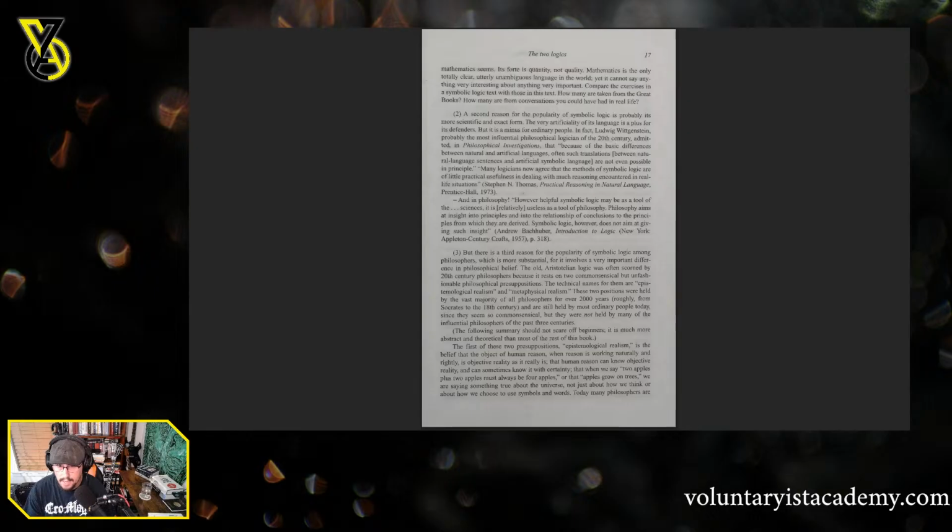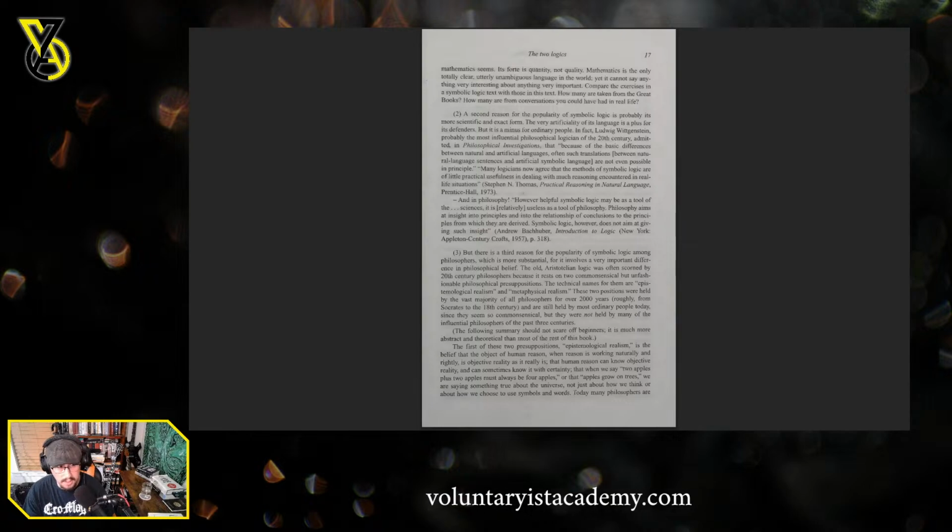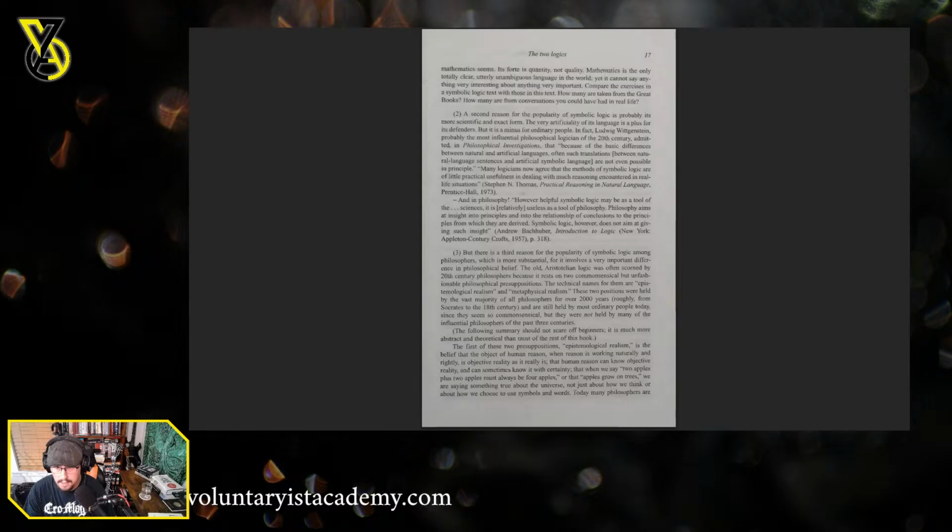Philosophy aims at insight into principles and into the relationship of conclusions to the principles from which they are derived. Symbolic logic, however, does not aim at giving such insight, end quote. Andrew Bachhuber has that in Introduction to Logic, published by Appleton Century Crofts in 1957, particularly on page 318 of Introduction to Logic.